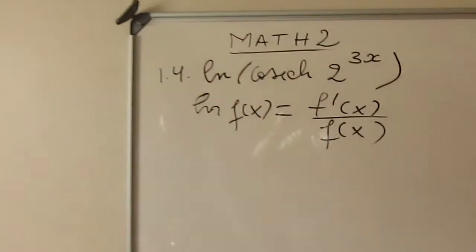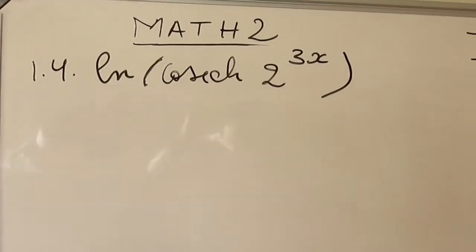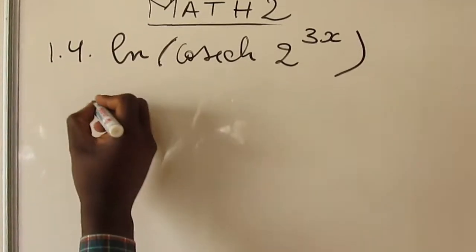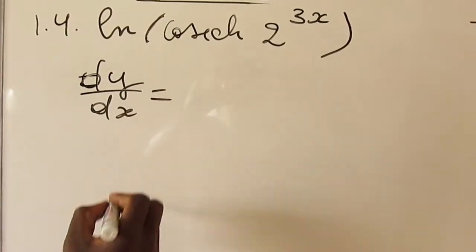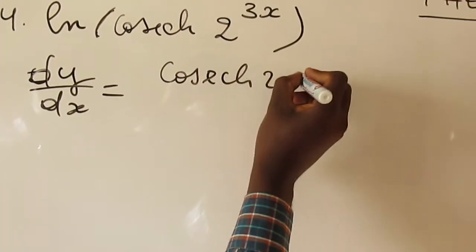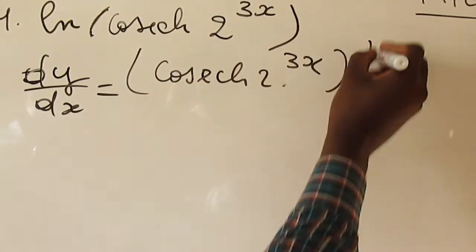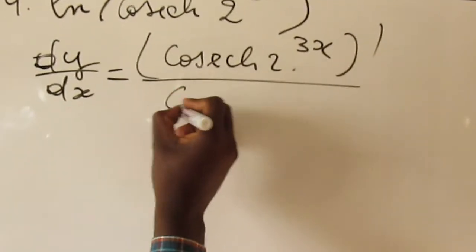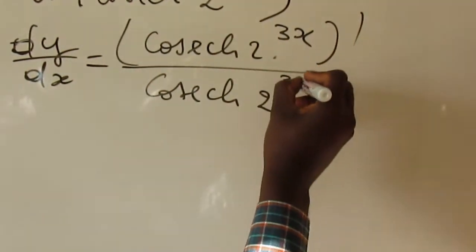So now, as you know already, the formulas of ln, okay. So now this is going to give you dy over dx is going to be equal to what? You derive the function, okay, 2 to the power 3x, okay. This has to be derived over cosec, sorry, of 2 to the power 3x, okay.